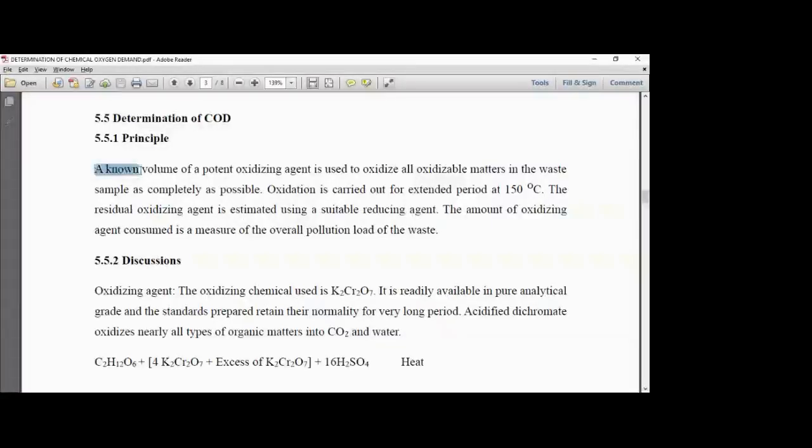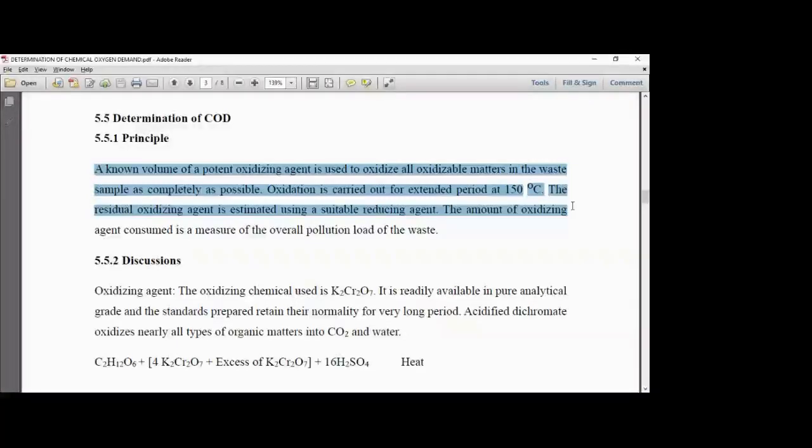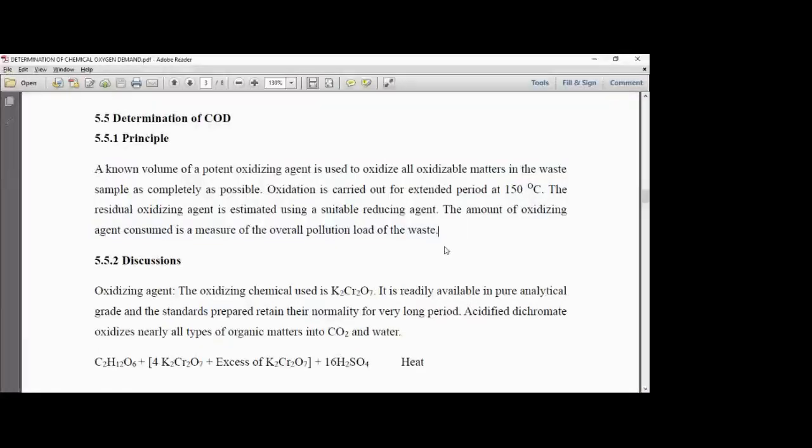A known volume of potent oxidizing agent is used to oxidize all the oxidizable matter in the waste sample as completely as possible. Oxidation is carried out for an extended period at 150 degrees Celsius. The residual oxidizing agent is estimated using a suitable reducing agent. The amount of oxidizing agent consumed is a measure of the overall pollution load of the waste.